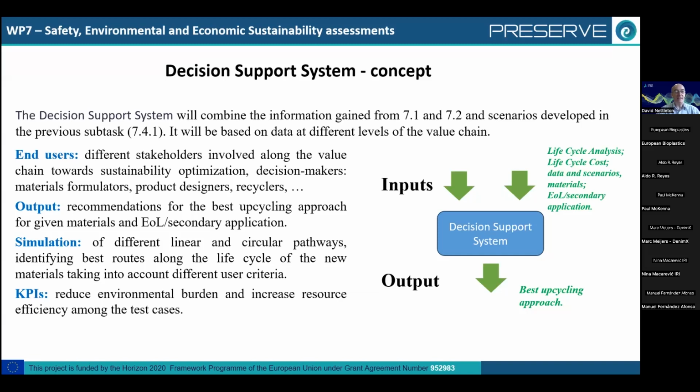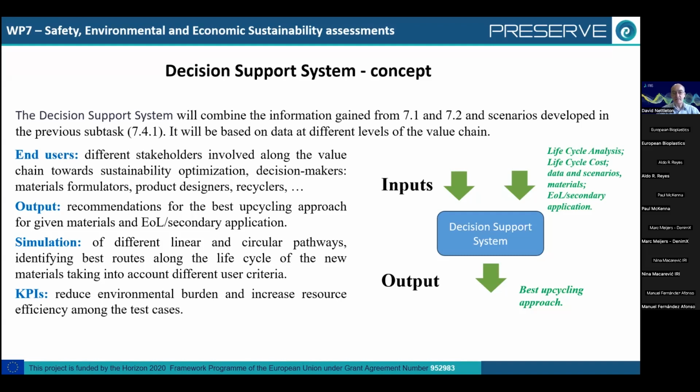So here the idea is to simulate different linear and circular pathways, identifying the best routes along the life cycle of new materials, taking into account different user criteria. And so KPIs: in this case, we want to minimize environmental burden, and we want to maximize the resource efficiency among the test cases.